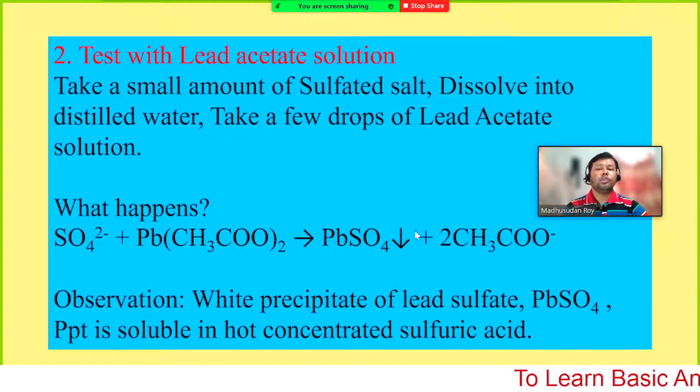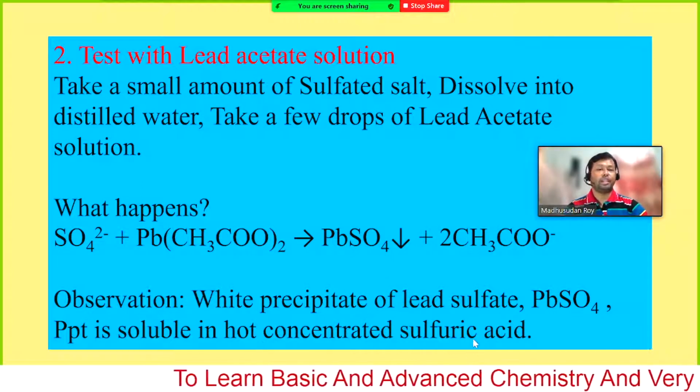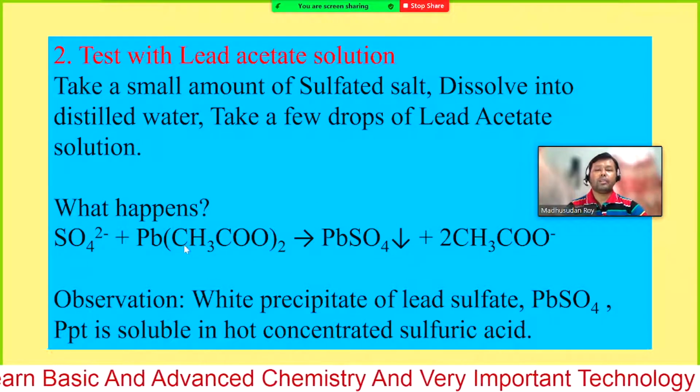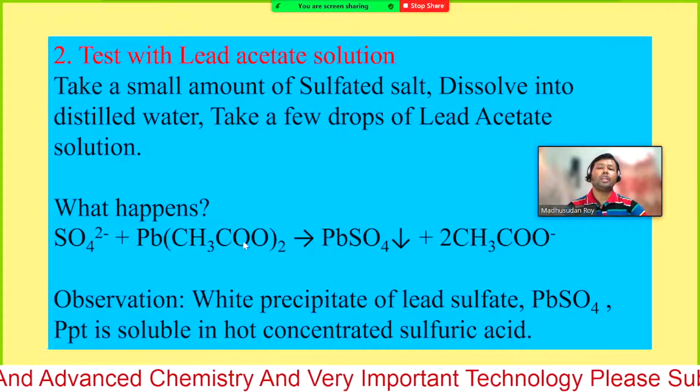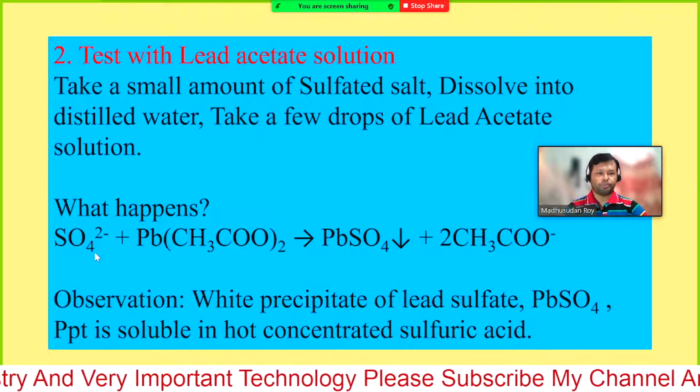But I would not recommend you to perform this test with hot concentrated sulfuric acid. Anyway, if you have the observation after addition of lead acetate into a sulfate salt, then you can confirm the presence of sulfate in your sample.